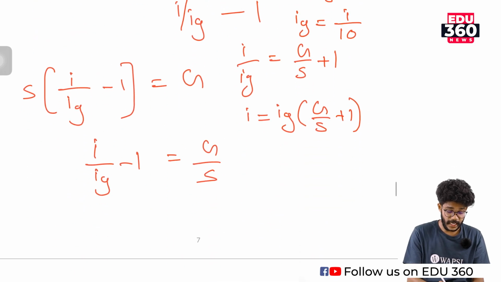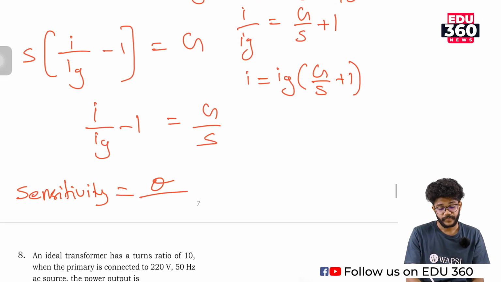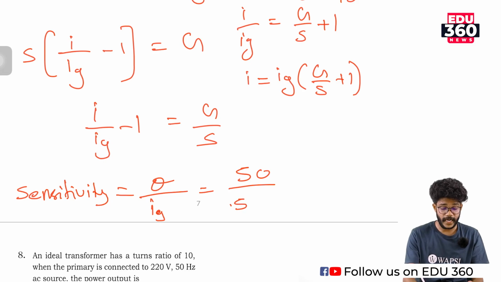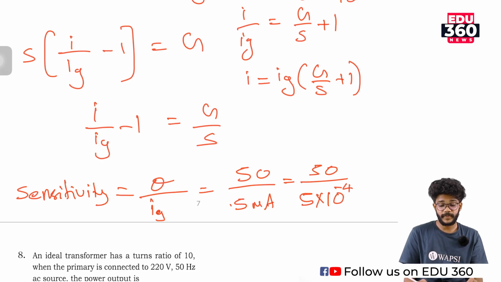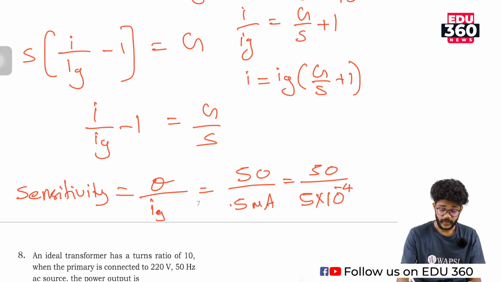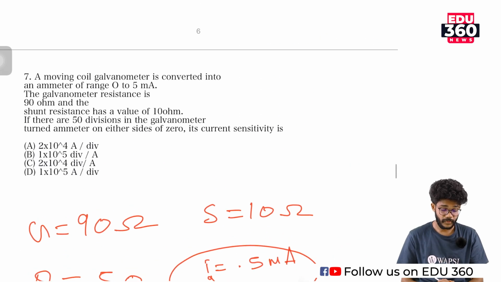Sensitivity is represented as S, equal to theta divided by Ig, which is 50 divisions divided by the current, 0.5 milliampere, which is equal to 50 divided by 5 into 10 raised to minus 4. 50 by 5 is 10. 10 into 10 raised to 4 is 10 raised to 5. So the answer is 10 raised to 5. And which option is that? Option B, 10 raised to 5 divisions per ampere.